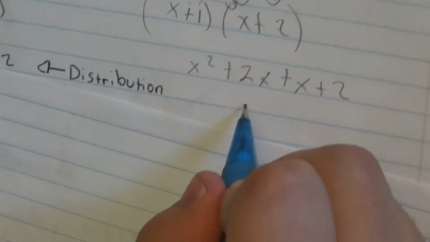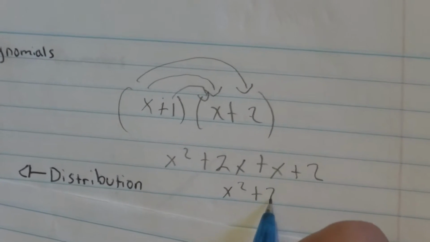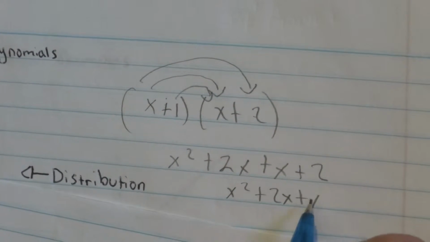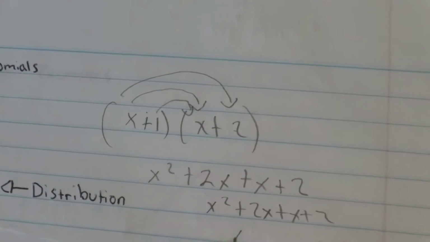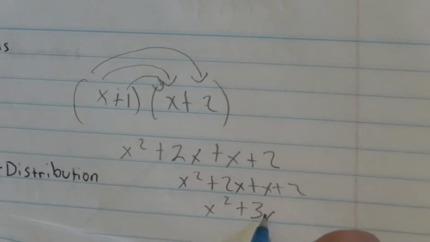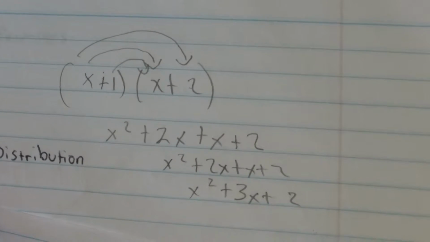This comes out to be x squared plus 2x plus x plus 2, and it'd be x squared plus 3x plus 2, what we have right here.